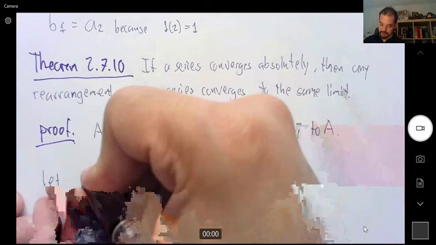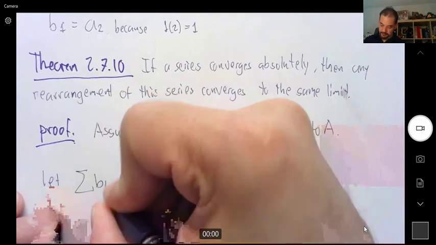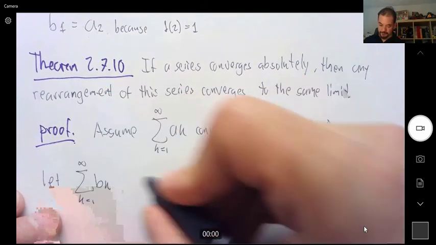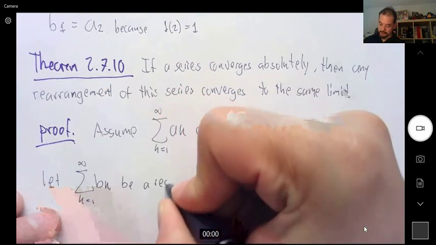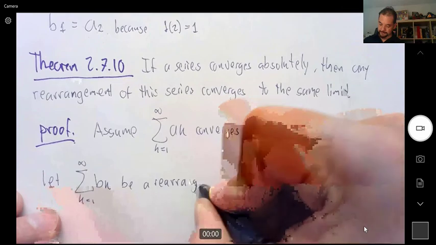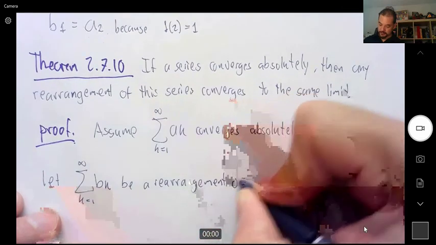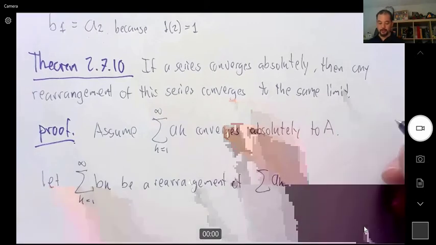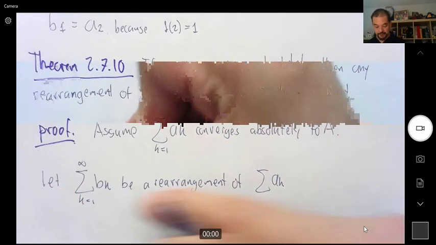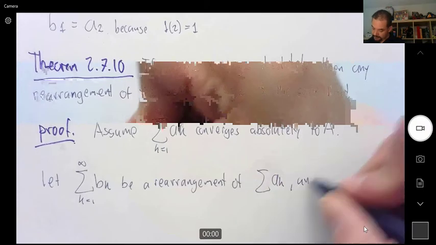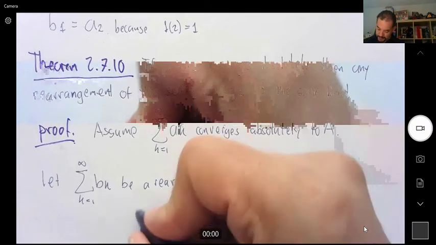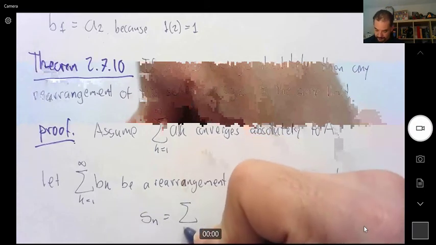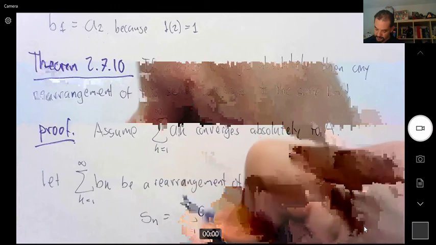So let's call the rearrangement B. Let the series of b_k be a rearrangement of the series of a_k. And we're going to need the partial sums of both of these series. So let's write them down. Set S_n to be the partial sum from k equals 1 to n of a_k.